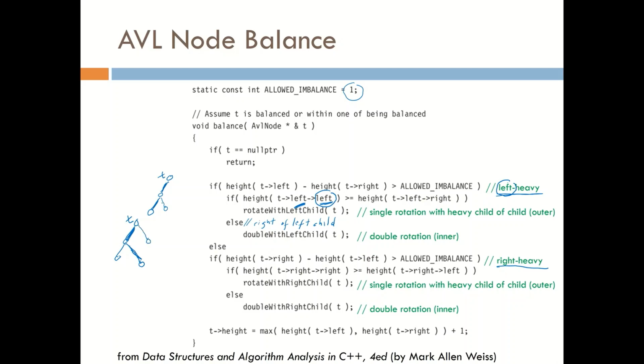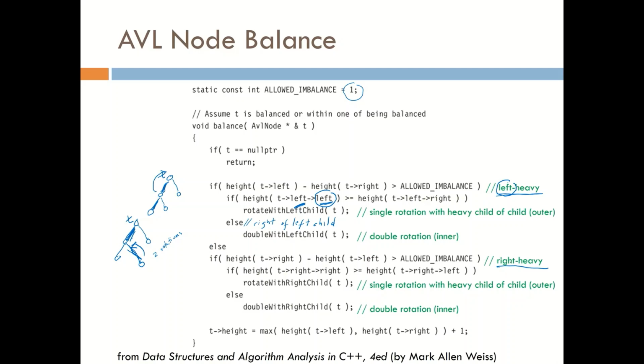So let's fill this in with T's right child here. Okay, so T's left child is what's heavy. In this case, it's the left of the left, so it's an outer case. In this case, it's the right of the left child that's heavy. And so this will require a single rotation, whereas this one will require 2 rotations. Right, the first one being this one. Okay, so these two cases are simply symmetric cases of the same thing.